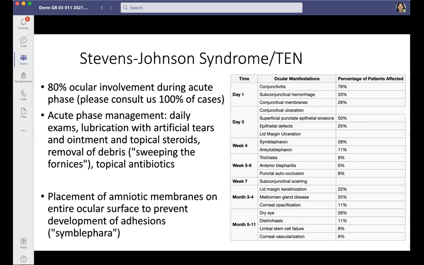Obviously this is a very different situation, where these patients have very severe dermatologic conditions, and there's no mystery about whether or not they should be referred to ophthalmology. In Stevens-Johnson, and of course TEN, it's reported in the literature that the ocular involvement is about 80% of the time, which basically means that we want you to consult us 100% of the time.